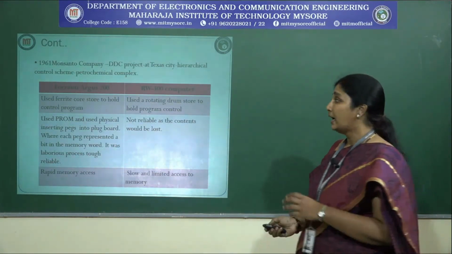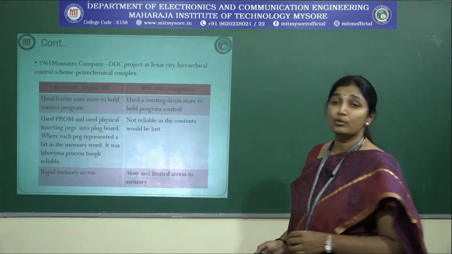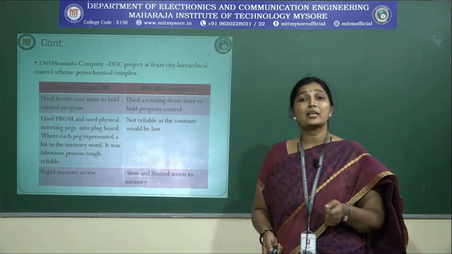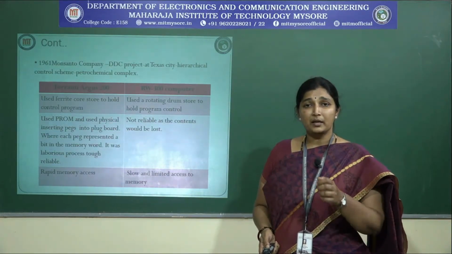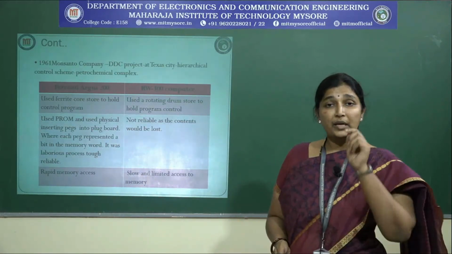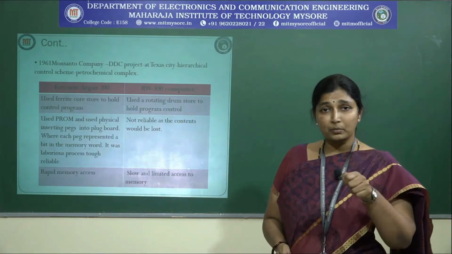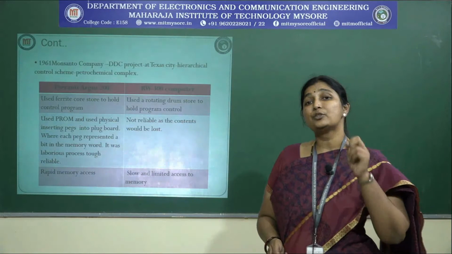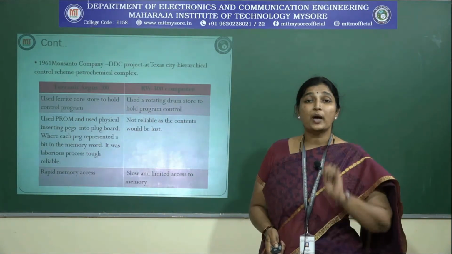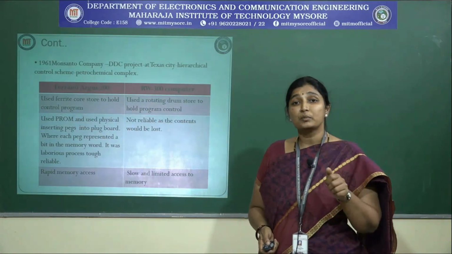So in this ferrite core storage program concept, they had what are called pegs. Pegs are nothing but digital data that is plugged onto a plug board. Each peg inserted on the board can store 1 bit of data. So if it is 8-bit, you need to peg 8 times onto the board.